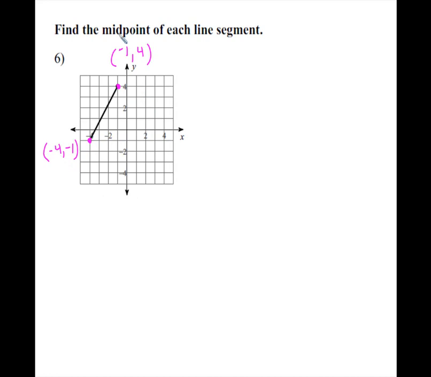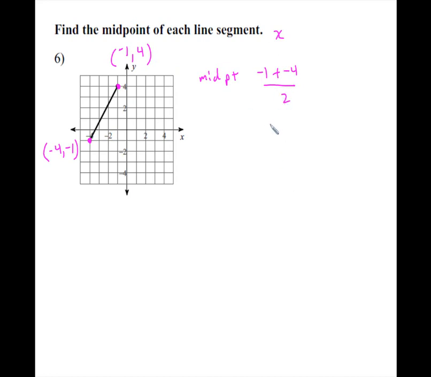Now since we're finding the midpoint, we just use the midpoint formula. We take the x's, -1 and the other x plus -4, and I divide that by 2. That gives me the x value of the midpoint.